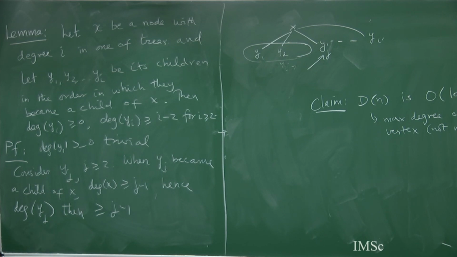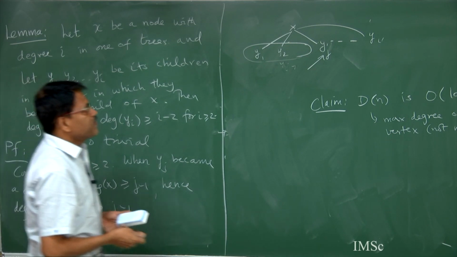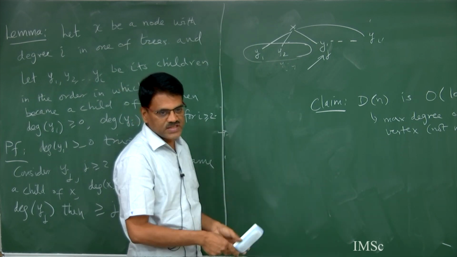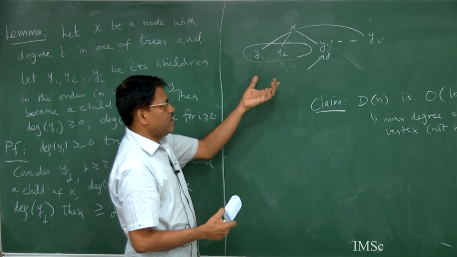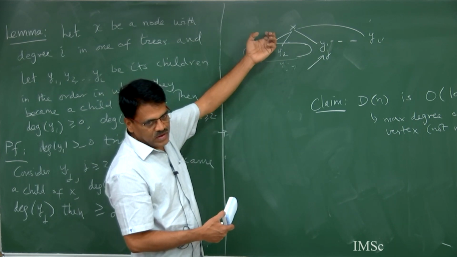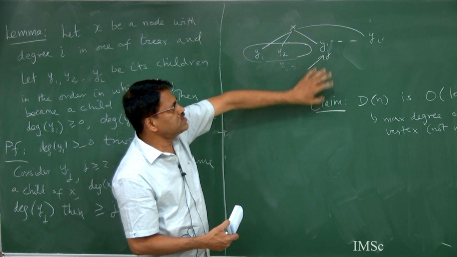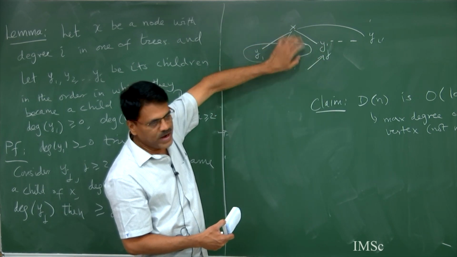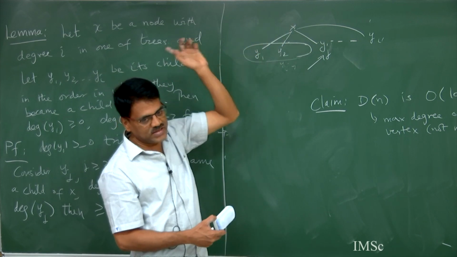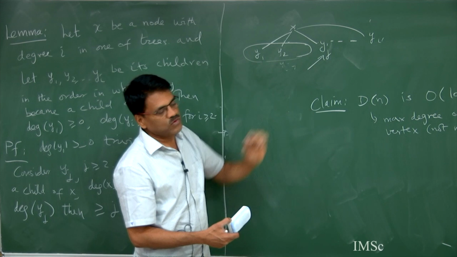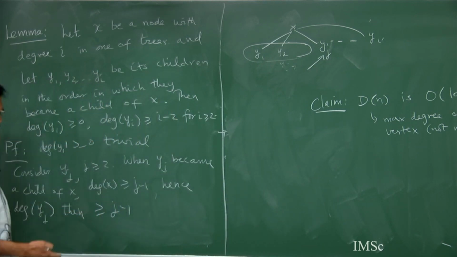Right, but x might have lost a child later, because of the way decrease key works. So, it's j minus 1 or j, degree of x at that time. Whatever the degree of x was, degree of yj would have been at least that much. It will be exactly equal, but I don't know what the degree of x was at that time. All I know is that it's at least j minus 1. So, a degree of yj is at least j minus 1.